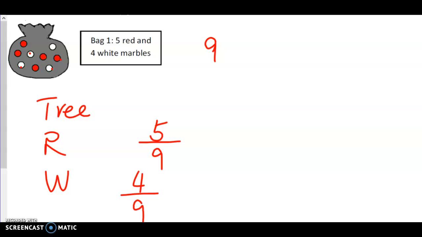So if I randomly pick, the first pick is 5 out of 9 to pick the red, right? And then we continue. If I don't put it back, that means we will have 8 marbles in total, right?